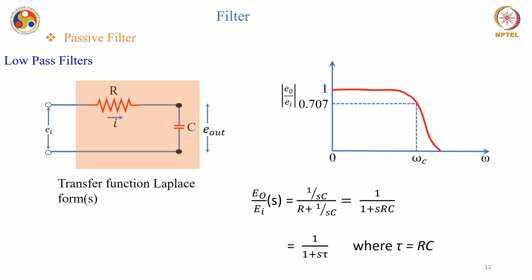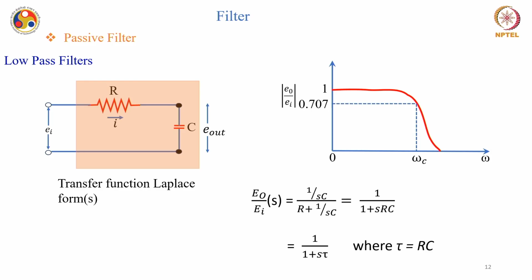So these filters can be designed, as the name suggests, as passive filters. They can be designed by using passive components like resistor, capacitor, inductor and so on, okay. So this is a typical low pass filter, just made by using R and C, a resistor and capacitor, where the output is taken across this capacitor, okay.